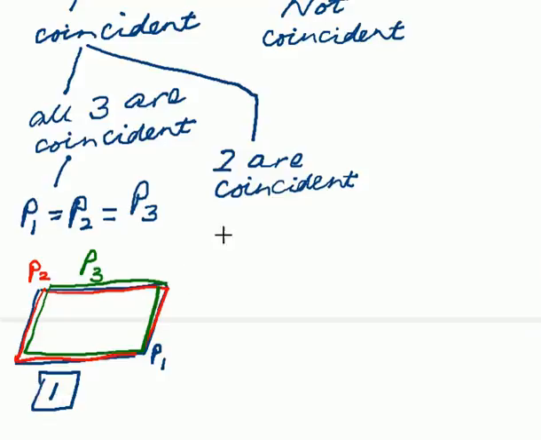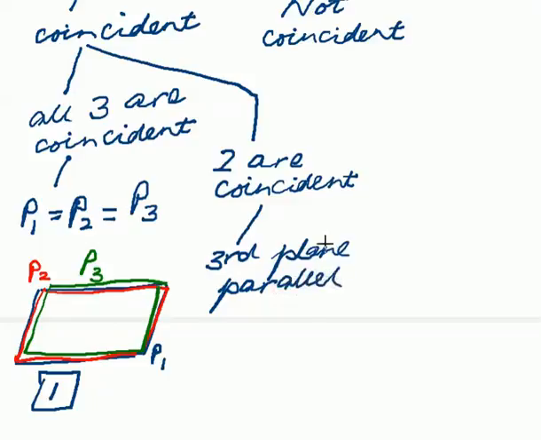Now, if only two planes are coincident, what can happen? The third plane could be parallel, or the third plane could be intersecting.